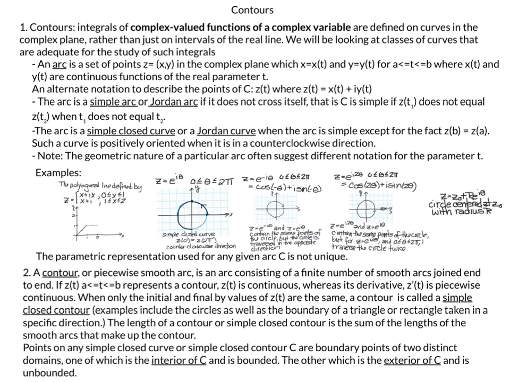Unlike in vector calc, when our line integrals had all kinds of curves, in this class generally you'll be working with straight lines and with circles, like so many circles.